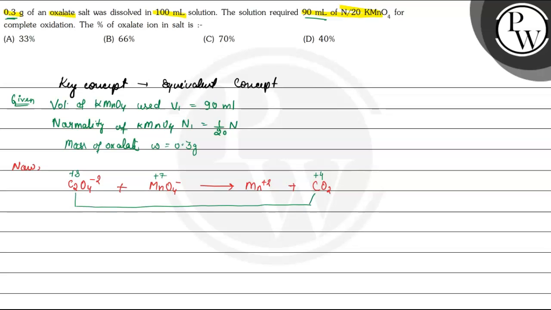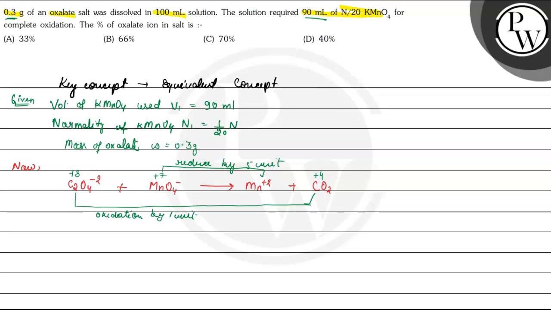The oxidation number of carbon changes by 1 unit, and the oxidation number of Mn changes from plus 7 to plus 2, or we can say it is reduced by 5 units. Now first of all we have to balance this equation.